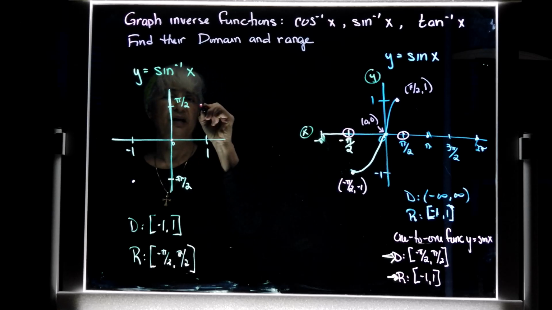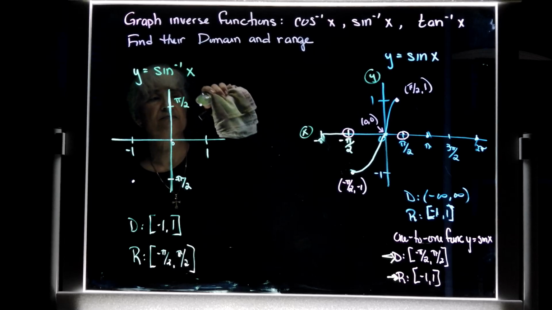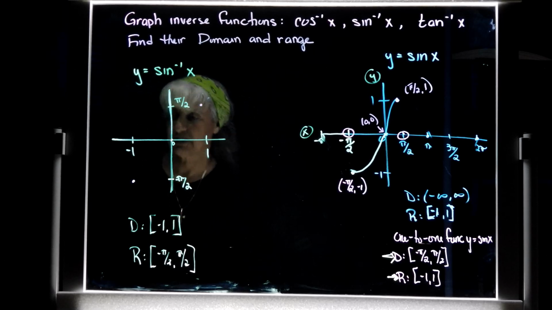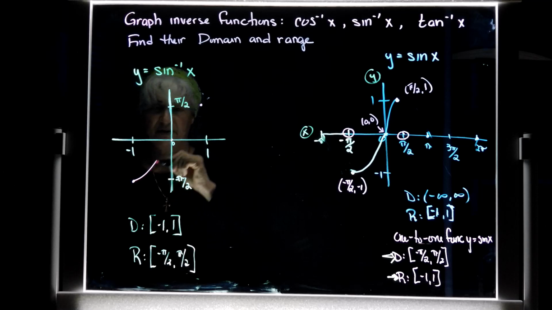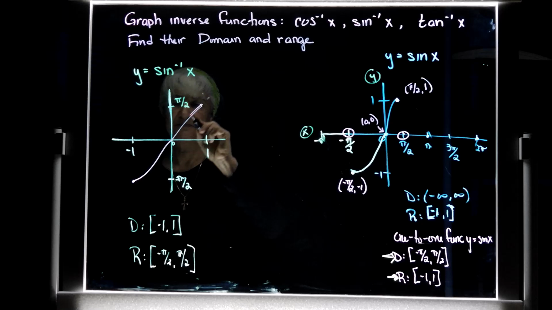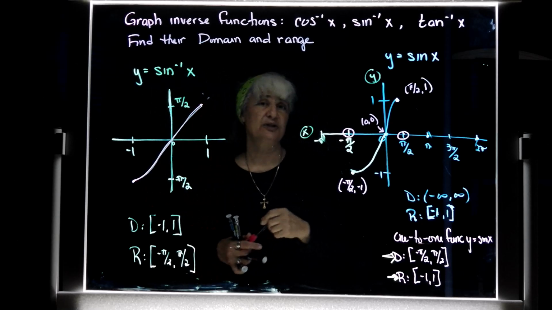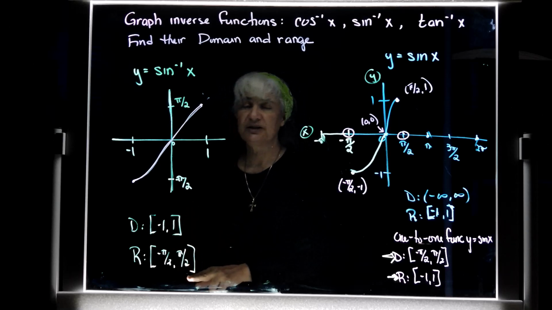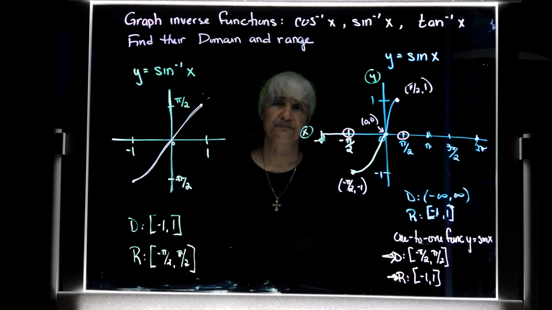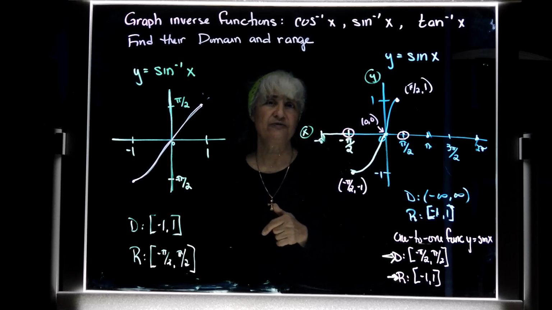So it becomes 1 and π/2. You guys are good. And so now when I connect my dots, I get a graph that looks something like this. You probably have it drawn better on your paper. But that's what the inverse graph is going to look like. And that's why its range especially is limited. Good? Okay. We still have the inverse tangent function to graph, so stay tuned for that.